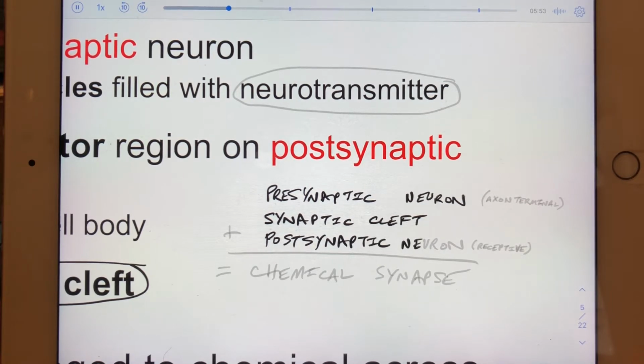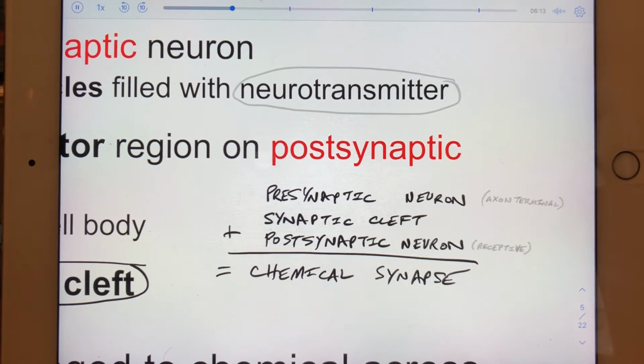Presynaptic neuron, synaptic cleft, and postsynaptic neuron. Okay.